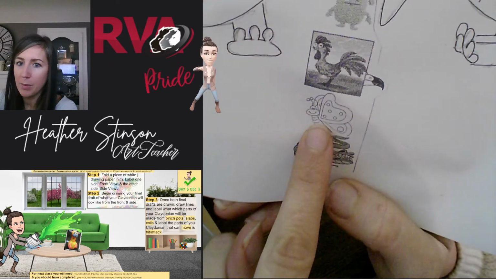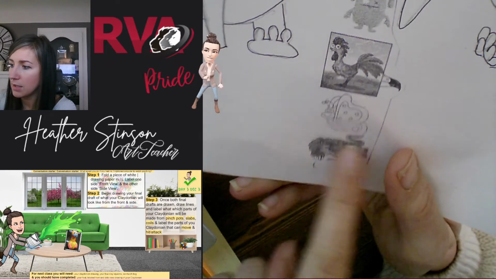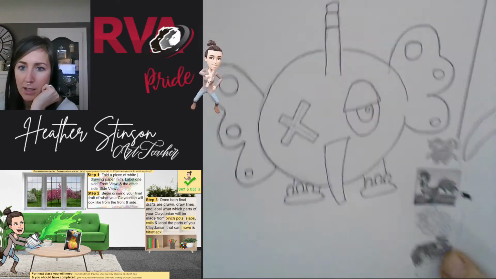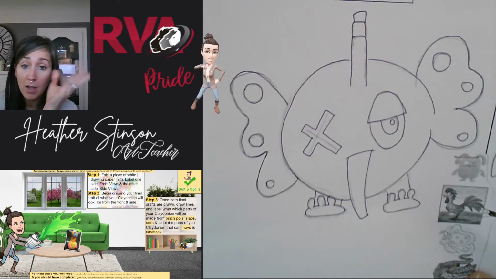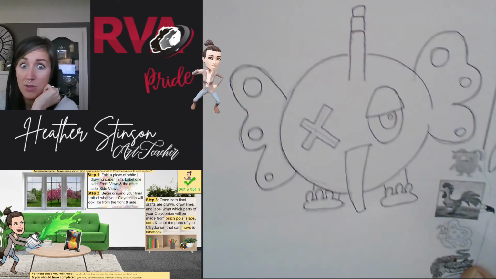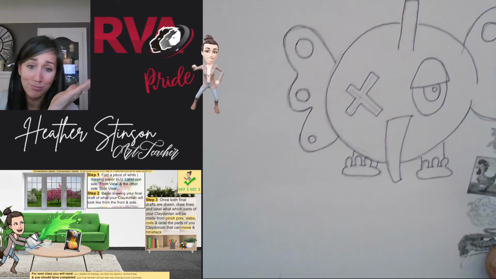Part butterfly with the wings, and part crocodile with the scales and the tail and the spikes and stuff. So that's what my Claydonian was inspired by, those four things. Now yours only has to have two, right? It can be an animal and an object, or two animals and an object, or just two animals, or five animals. It's up to you. As long as it's part something and something else, we're good to go.